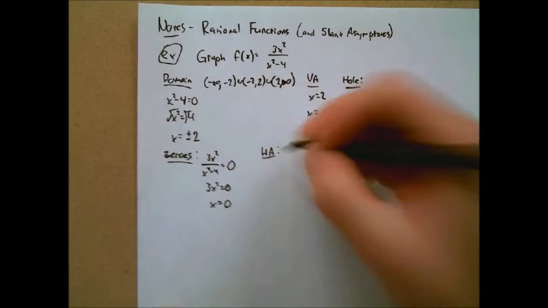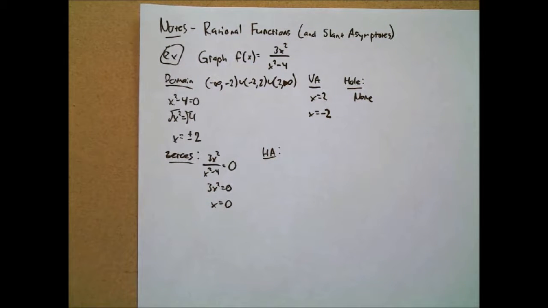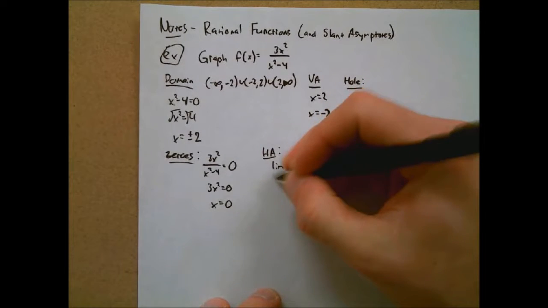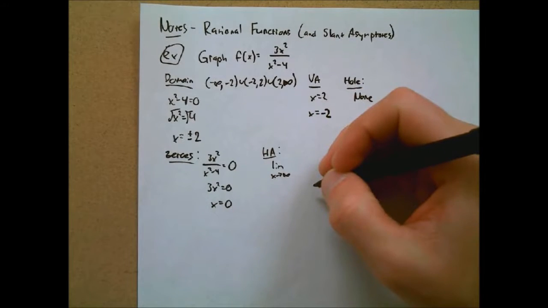The last necessary piece to find before we graph is the horizontal asymptote. How do we find the horizontal asymptote for a function? Find the limit as x approaches infinity, and also negative infinity, but in this case it's going to be the same thing.